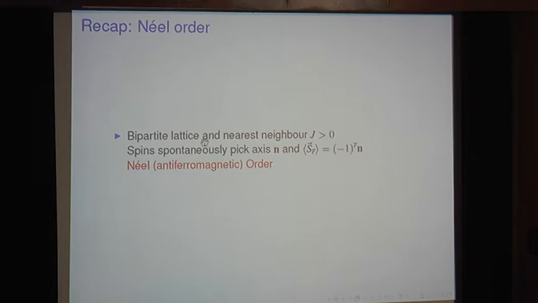If you are on a bipartite lattice, you could just pick one sublattice and get all the spins on that sublattice to point along some spontaneously chosen direction n in spin space, and on the other sublattice, and that is what this (-1)^r means, you would point them opposite. And this would be the global minimum of the energy, and in making this state you would have spontaneously chosen one vector, right. That would be a symmetry breaking, and it would lead to what is called Néel order, right.